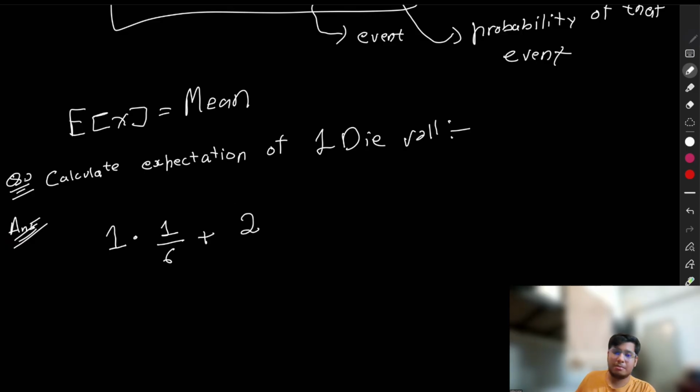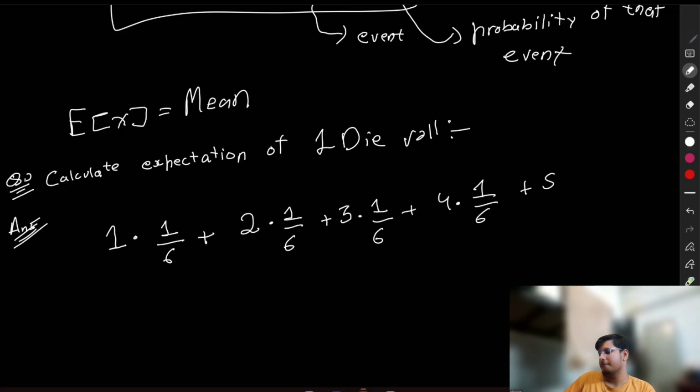The probability that we roll a die and the outcome is 2 is 1 by 6. Plus, what is the another outcome? 3. The probability is similarly 1 by 6. Similarly, we are going to do 5 multiplied by 1 by 6 plus 6 multiplied by 1 by 6.